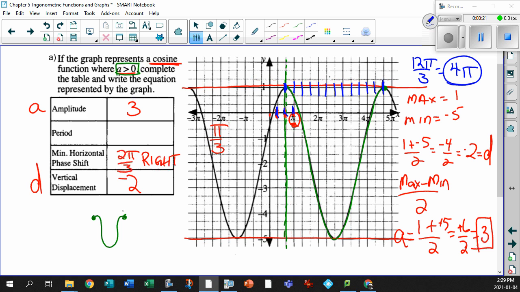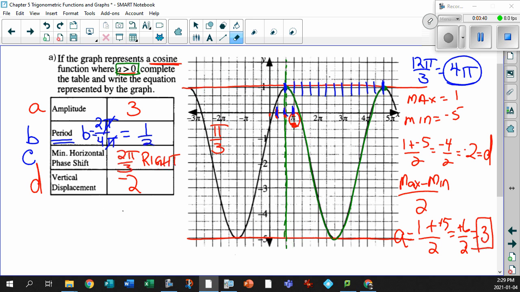Wonderful. So our B value comes from 2 pi over the period, 4 pi. Cancel, cancel, 2 over 4, 1/2. There's our B value. This is so nice and convenient.